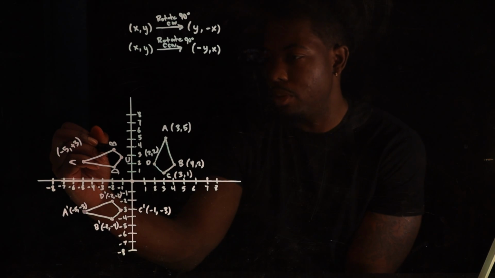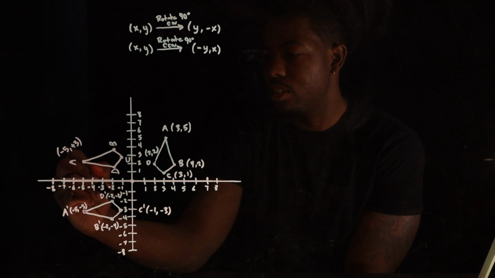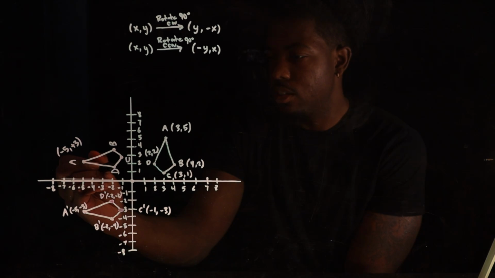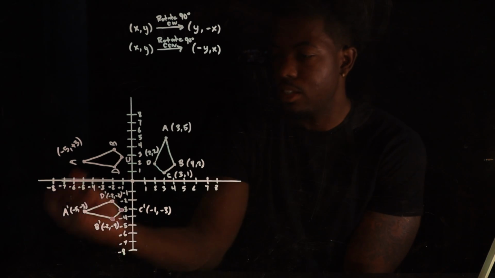I translate point B down 1, 2, 3, 4, 5, 6. C, 1, 2, 3, 4, 5, 6. D, 1, 2, 3, 4, 5, 6.